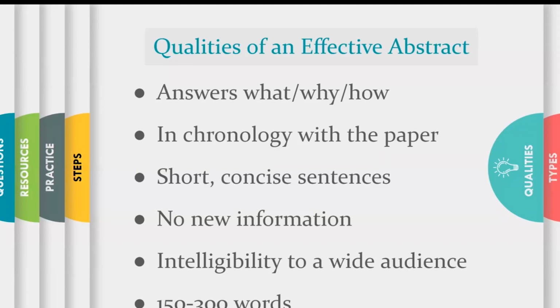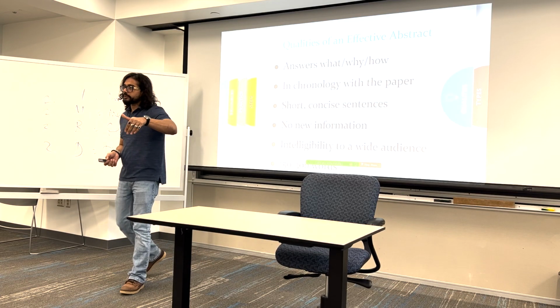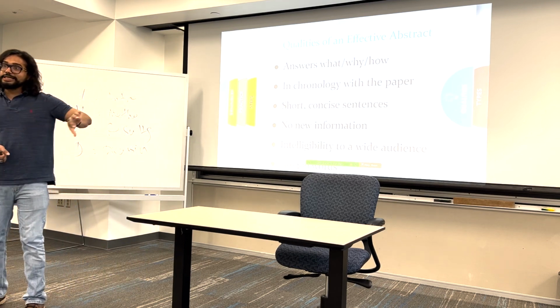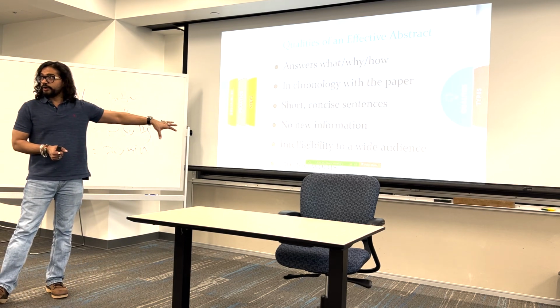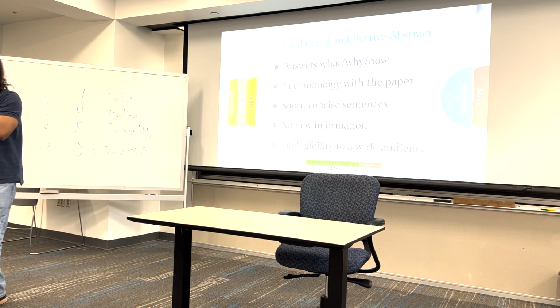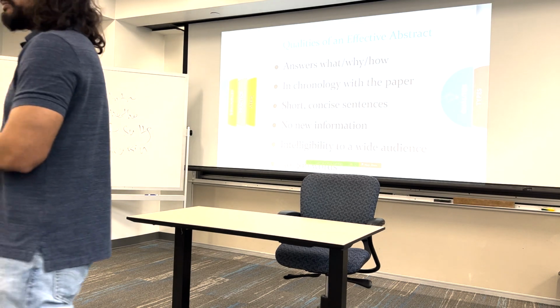This is a very important point when we write, that we do not use that much terminology which will be incomprehensible to any professor who will be the editor or in the committee. We don't give new information. All the information and claims will be inside the paper. Nothing new will be in the abstract. Whatever is in the paper, the abstract is like a trailer of that film. If your paper is the cinema, the abstract is the teaser or trailer. Got it?